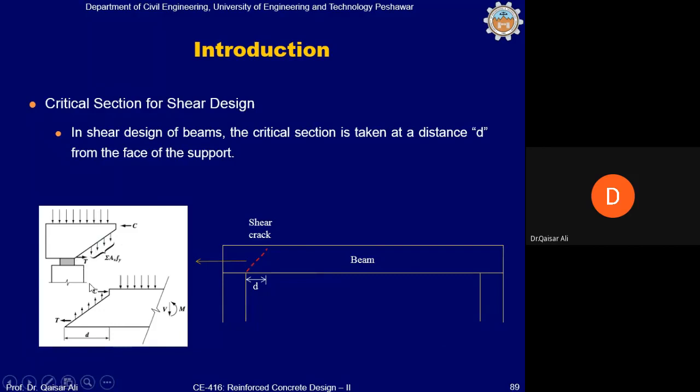For this reason, the critical shear is taken at a distance of d from the face of the column.